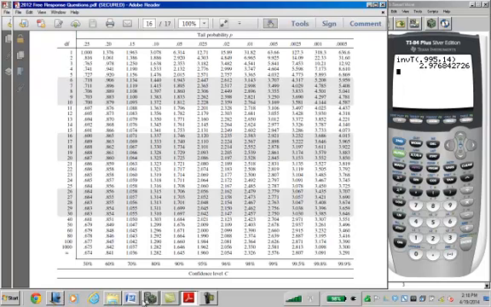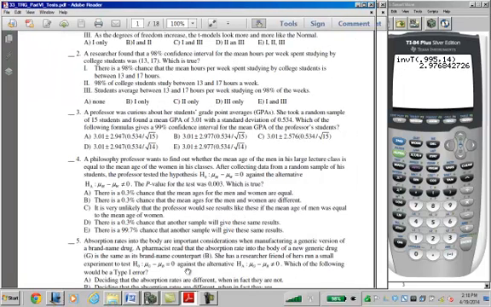Now, what did they use in the answer? Let's go back to the question here. 2.977. Okay, well, that's the answer we have. That's what we got from the table.